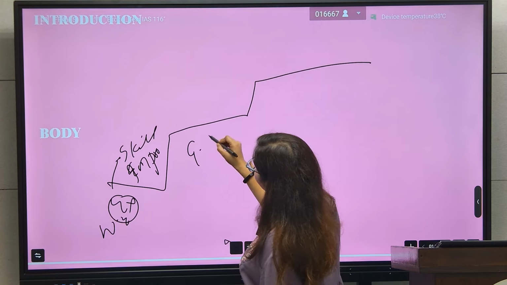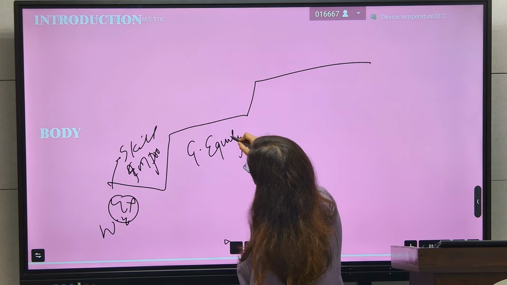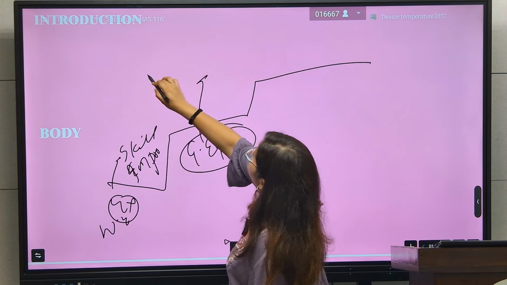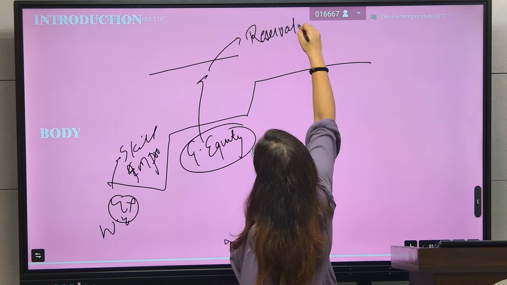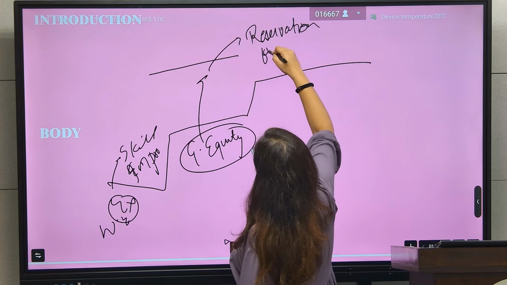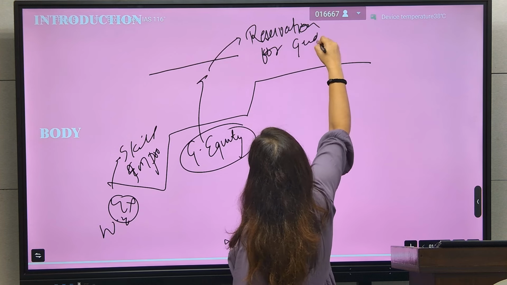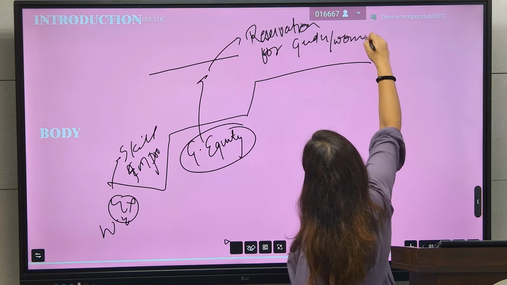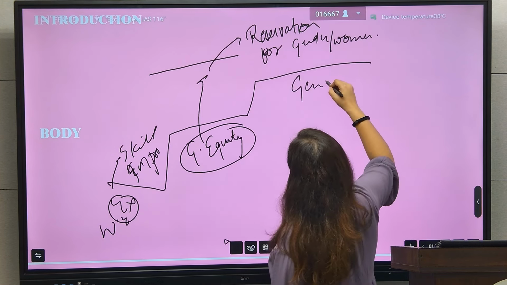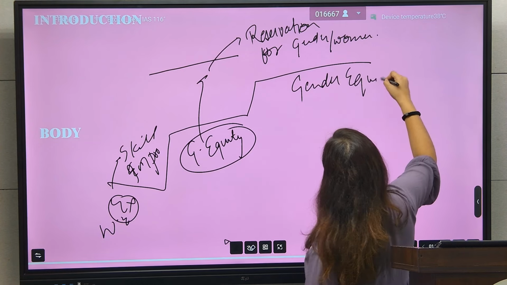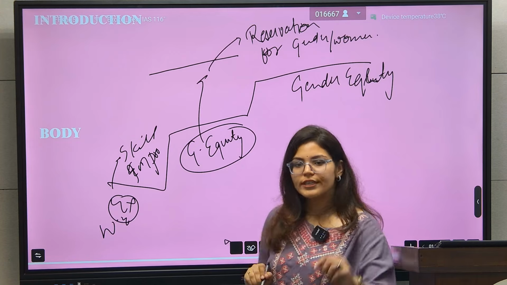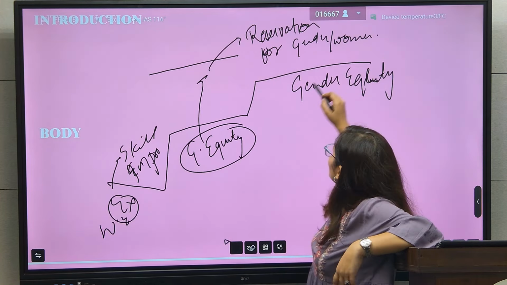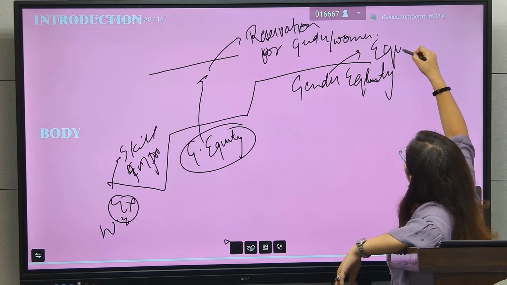Second is gender equity. So for a level playing field, what is there? There is reservation, a reservation for genders, for women. Third is gender equality. For gender equality, there is equal pay for equal work.